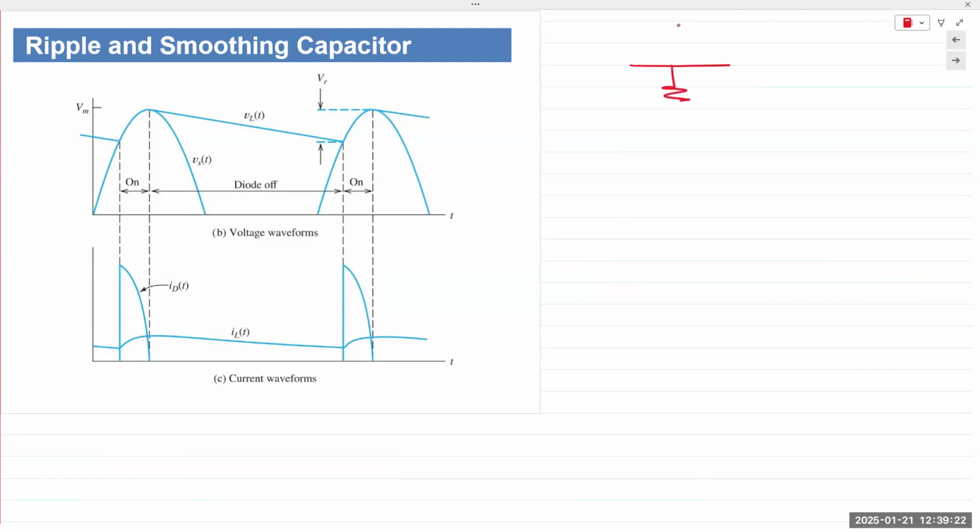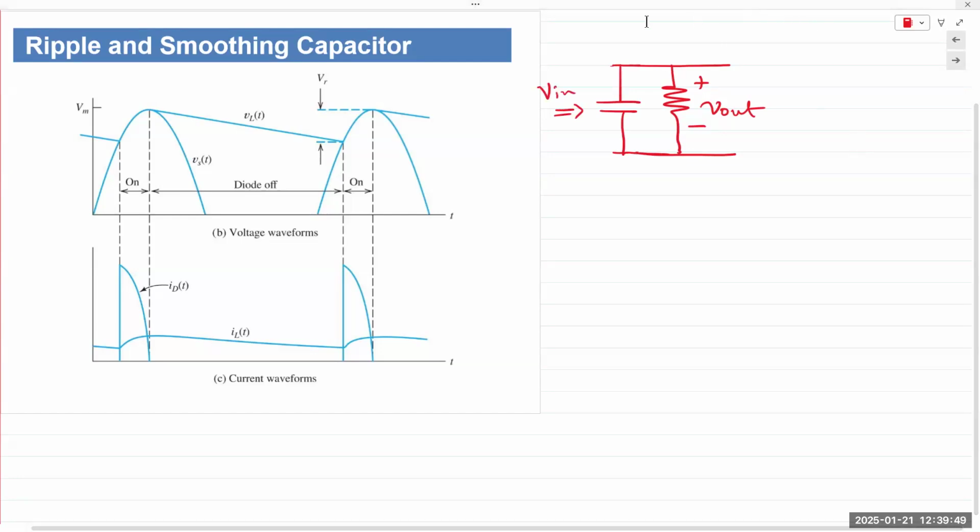Let's say this is the output of our rectifier circuit. V out, and we connect a capacitor in parallel. It's parallel. It doesn't matter if it's on the left or on the right. Exactly the same thing. But this is V in.